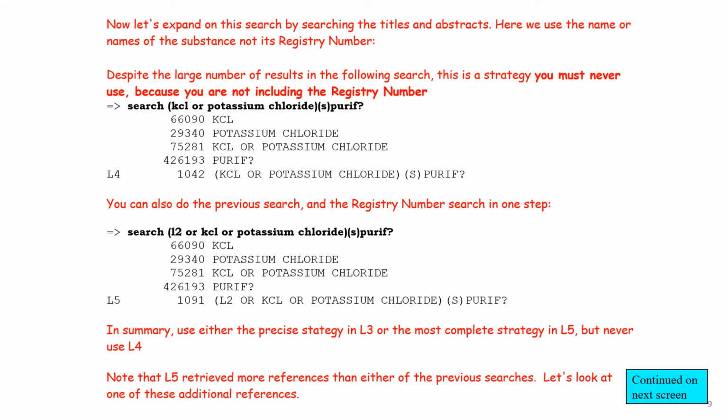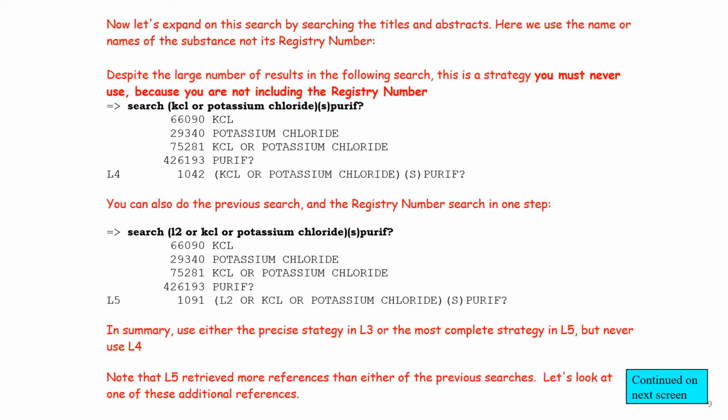Here I am showing you two other searches. One is correct, and one is a search you should never do. The search at the top, search, open parentheses, KCl or potassium chloride, close parentheses, S-purif, is a common mistake that a lot of people make. Even though it gives you more references than the previous search, it is a totally incorrect search.